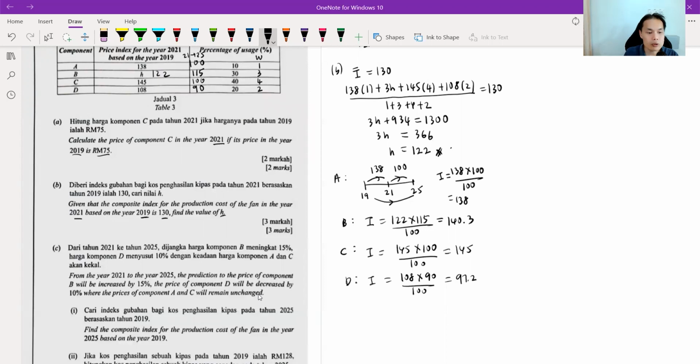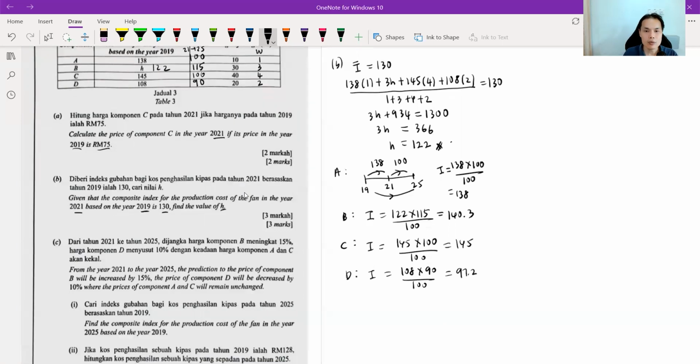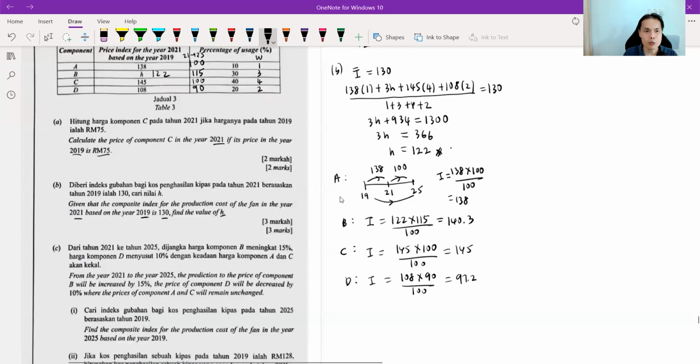Okay, so now that I know all these indices, the next thing to do is to multiply with the weightage. We know the weightage is 1342, right? So let's take the composite index from 2019 to 25. We take 138 multiplied by 1, 140.3 multiplied by 3, then 145 times 4, lastly 97.2 times 2, divided by the total weightage, which is 10.